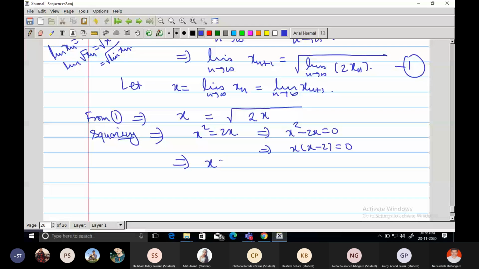Am I right? Yes, sir. But x equal to 0 is not possible.